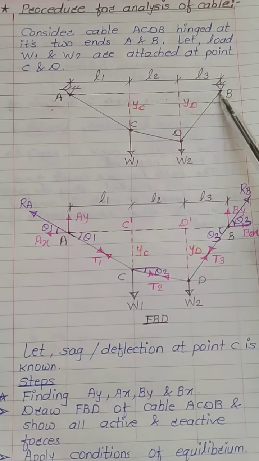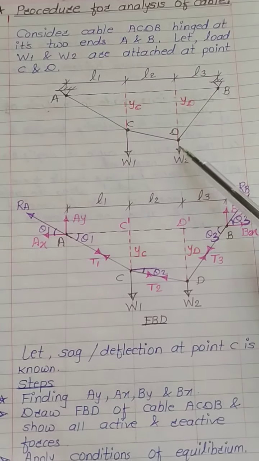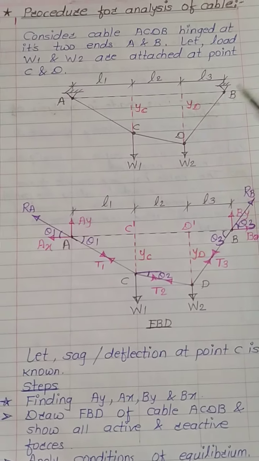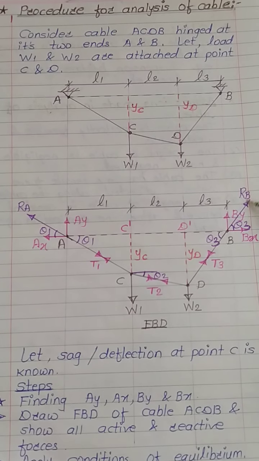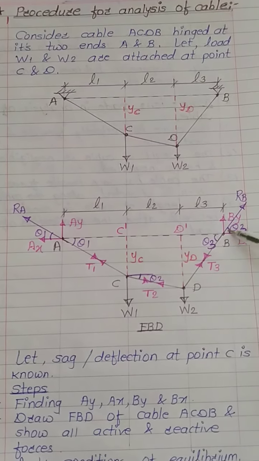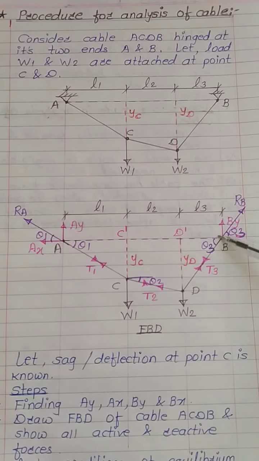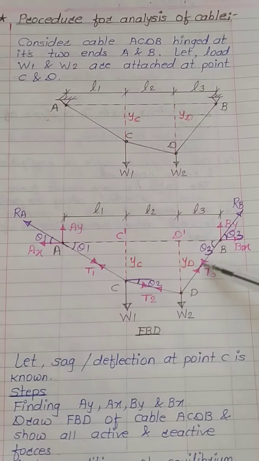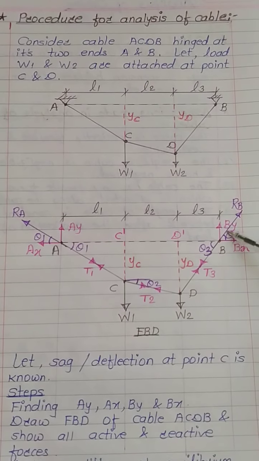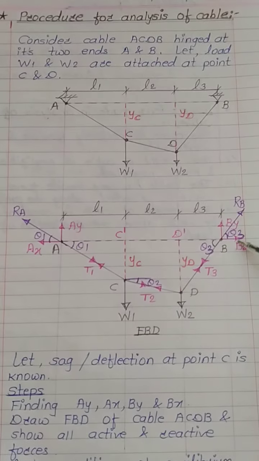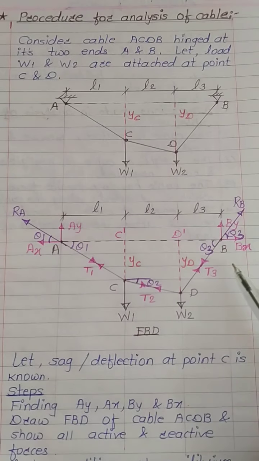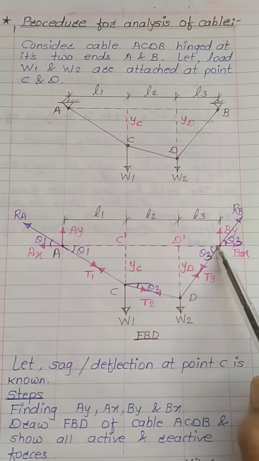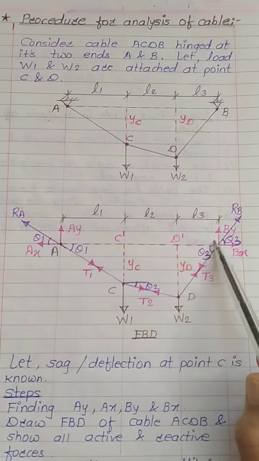Similarly, at point B, whatever is the force in the segment DB will be the same force RB. While showing RB, you have to extend the line DB from point B into the opposite quadrant. Since this line is in the third quadrant, your RB will come in the first quadrant, where its x component acts horizontally rightward and its y component acts vertically upward.